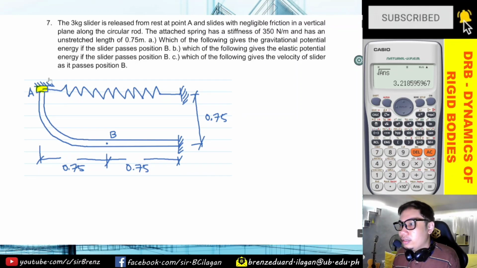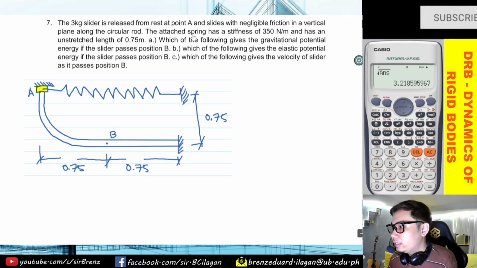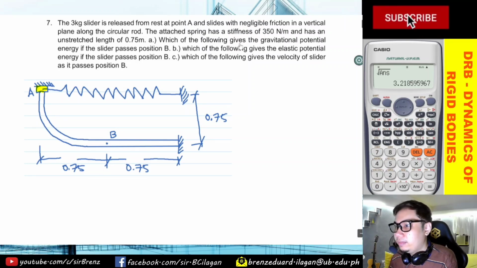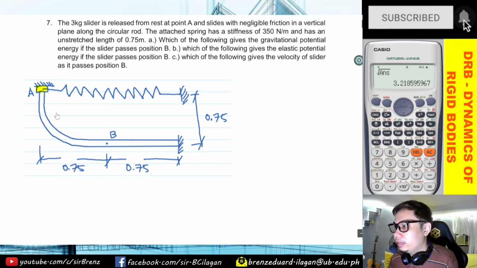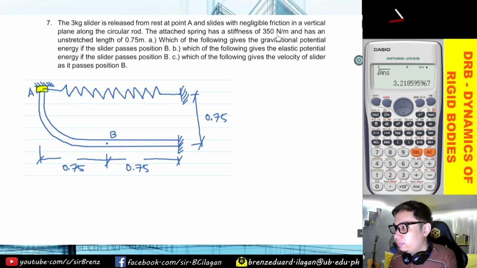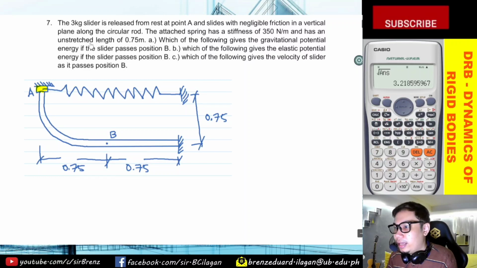Ayan. So the 3 kilogram slider is released from rest at point A and slides with a negligible friction in a vertical plane along the circular rod. Okay, so circular to, medyo mano-mano lang kasi yung drawing. The spring has a stiffness of 350 Newton per meter and has an unstretched length of 0.75 meter.